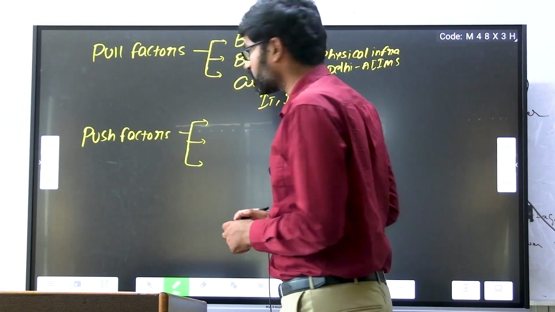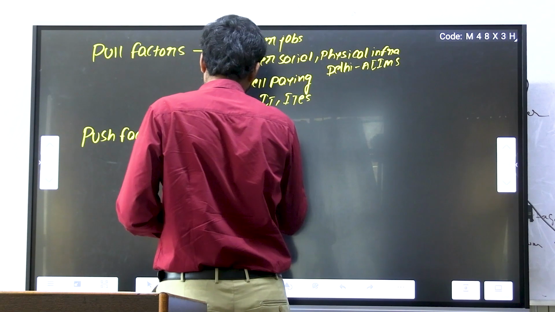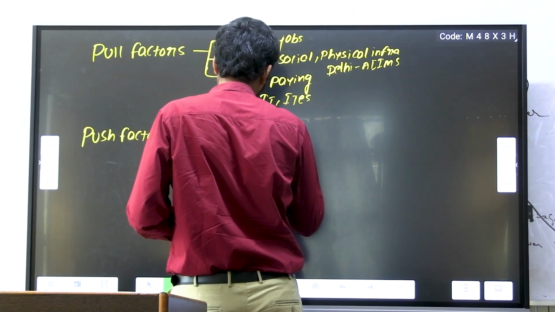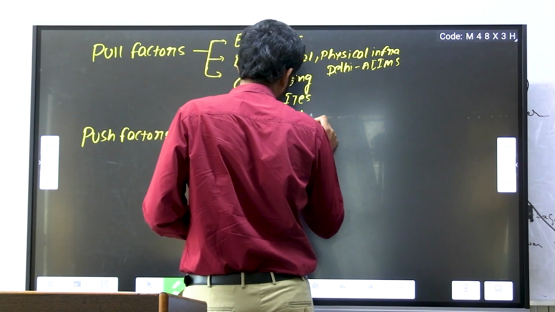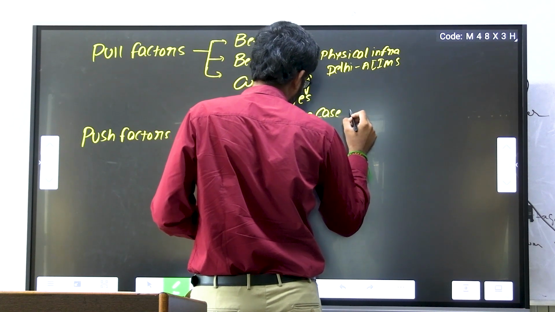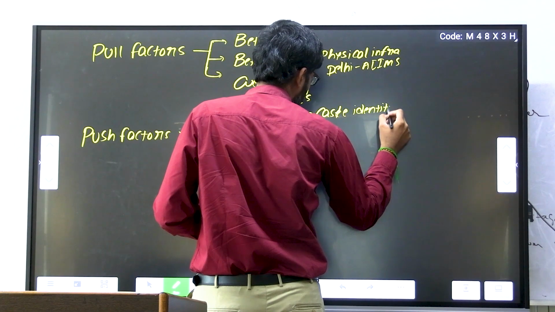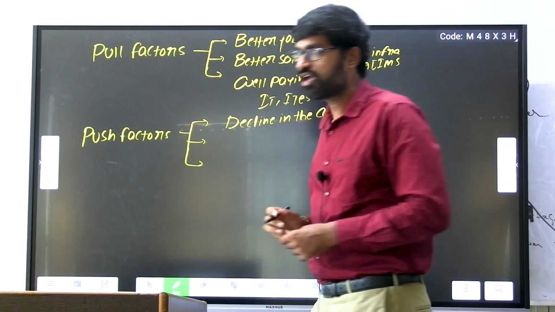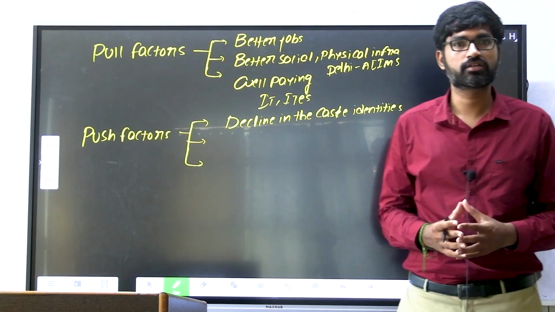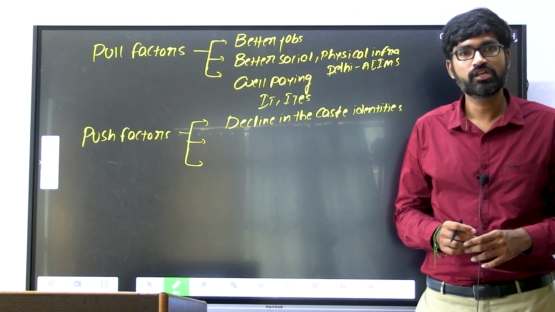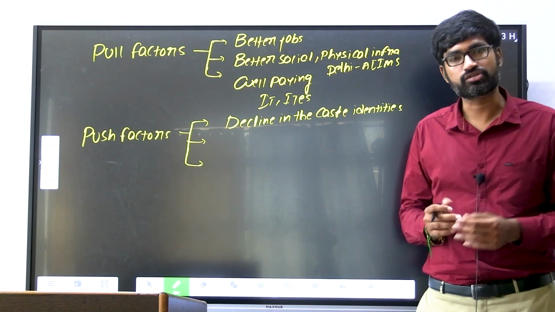When it comes to the push factors, then decline in the caste identities. People don't ask what your caste is when you're working in an industry. So these caste identities are getting reduced.